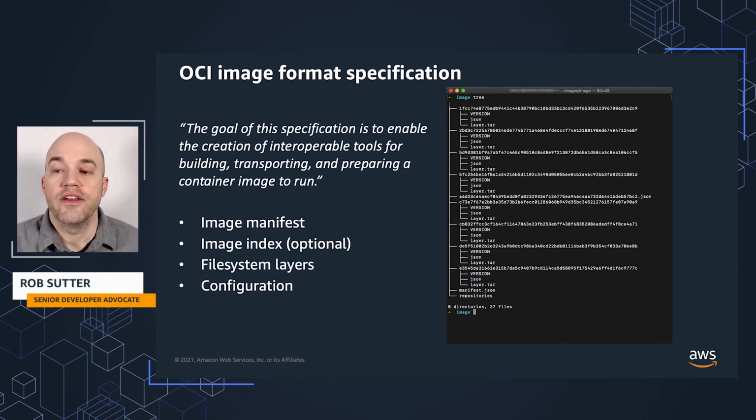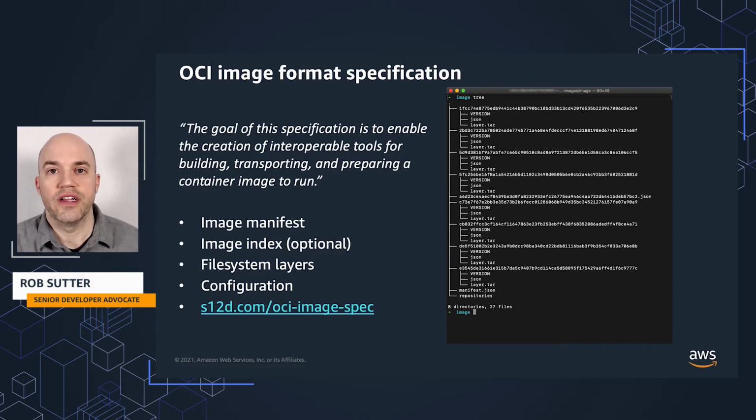And finally, there's some configuration options that are set in the image. Certain options are ignored by the AWS Lambda service. For example, you can't mount volumes or expose network ports. To learn more information about the OCI image format, see the URL on the slide, s12d.com/OCI-image-spec.